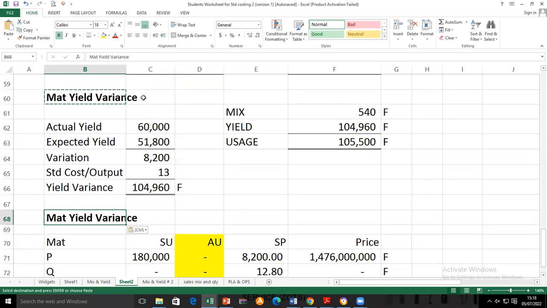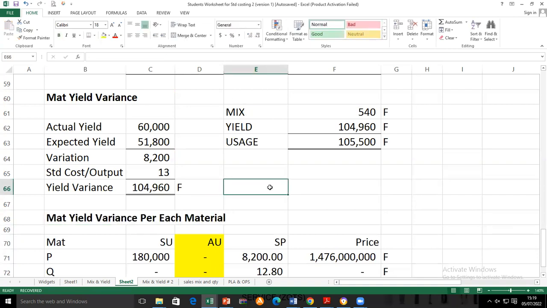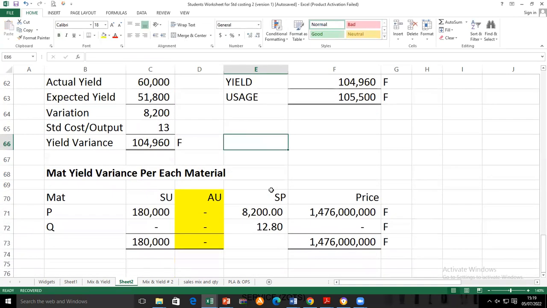Material yield variance, then we must add that this one is per each material. Per each material. So remember, standard usage. This actual usage must be what?